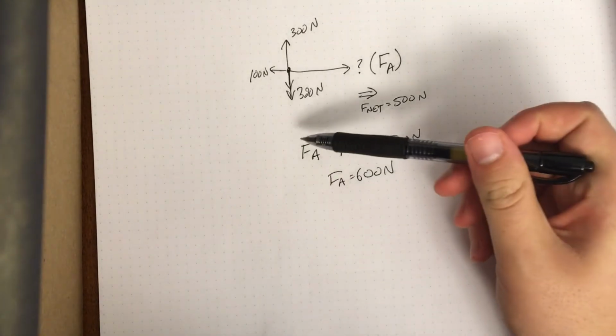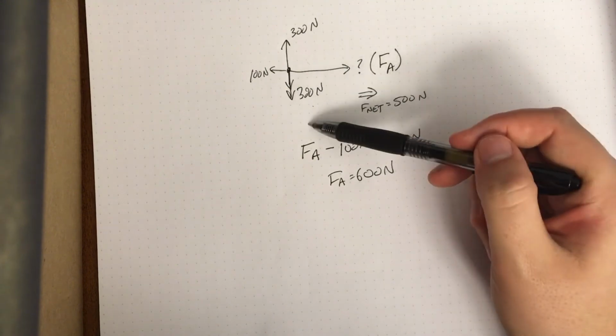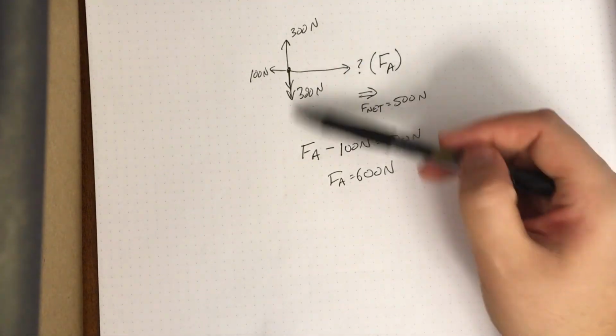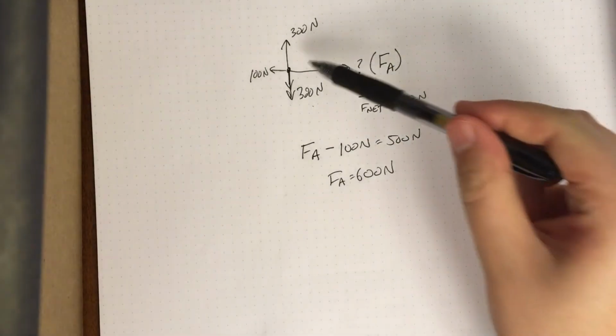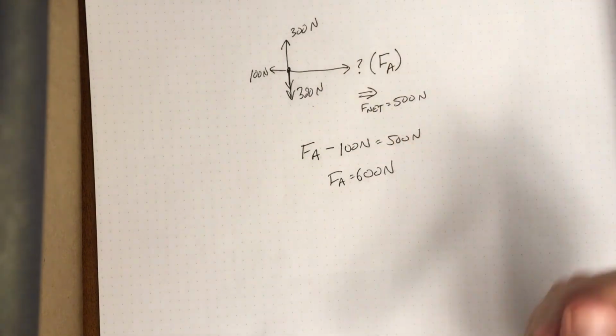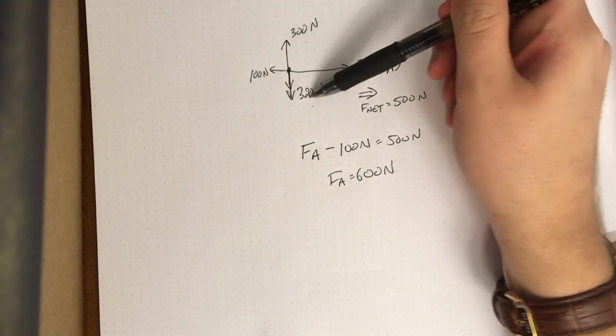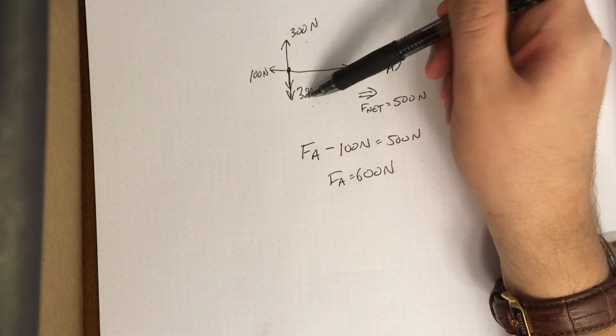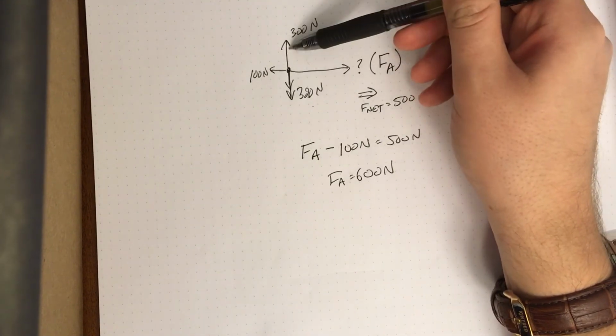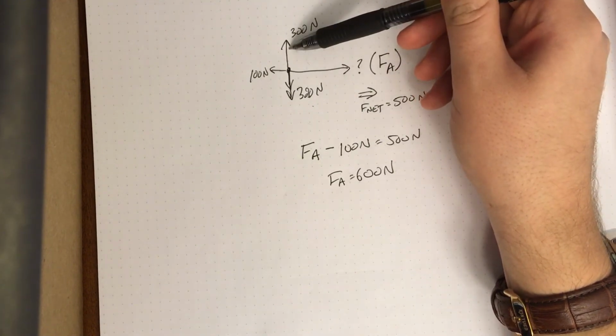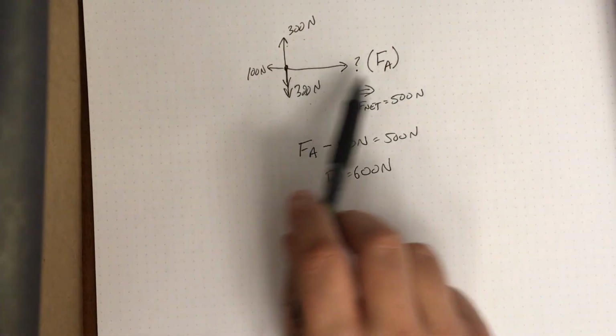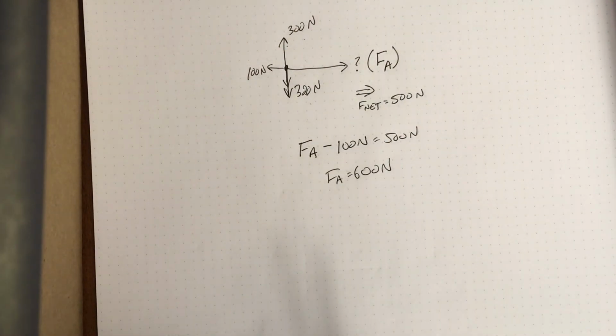Now again, why did I ignore these two forces? Well, the up and down forces are canceling each other out. You can imagine this object, if I tied 4 ropes to it and I had 300 newtons up, 300 newtons down, this object's not going to go up or down. It's only going to go either forward or backward.